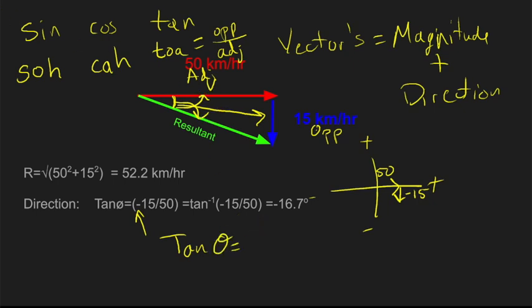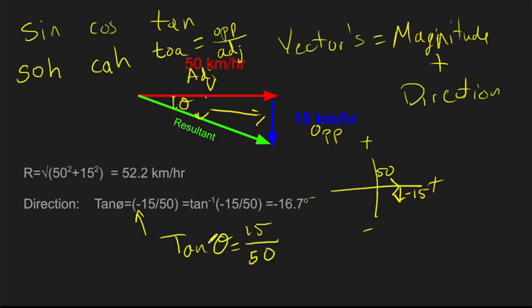Let me erase some things here. So I've got some things I don't know: theta. The tangent of theta, my unknown, equals the opposite, 15, over my adjacent, 50.